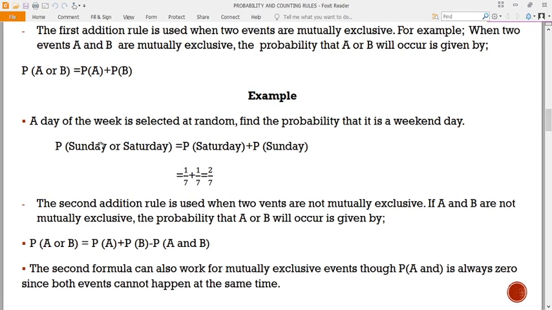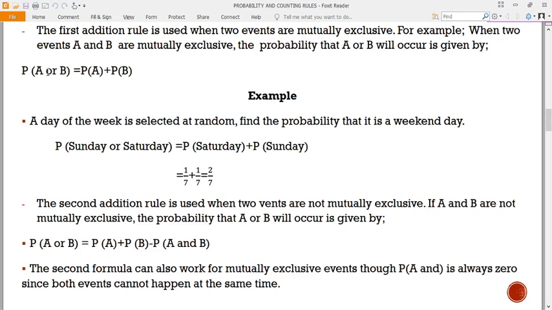So the probability of getting either Saturday or Sunday will be the probability of Saturday plus the probability of Sunday. Remember, from our formula, the probability of Saturday will be the number of such days over the sample space. A week has 7 days, and a Saturday can only appear once in a week, so we have 1 out of 7. Likewise, we can only have 1 Sunday, so the probability of getting a Sunday is 1 out of 7.